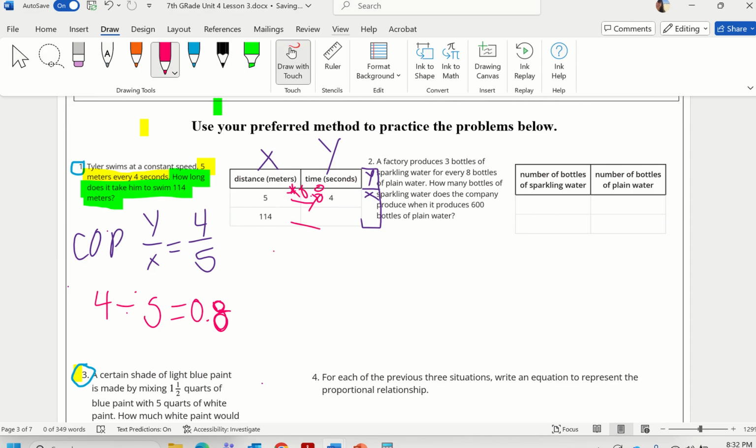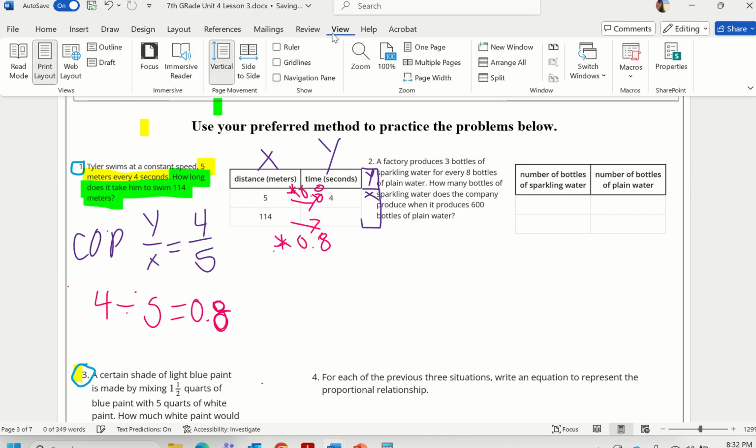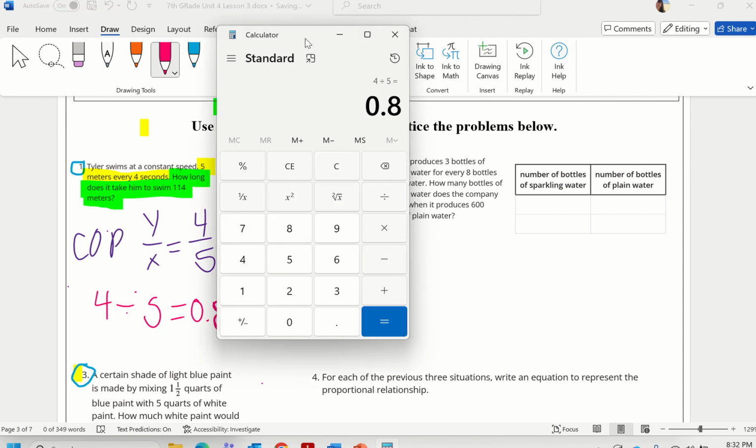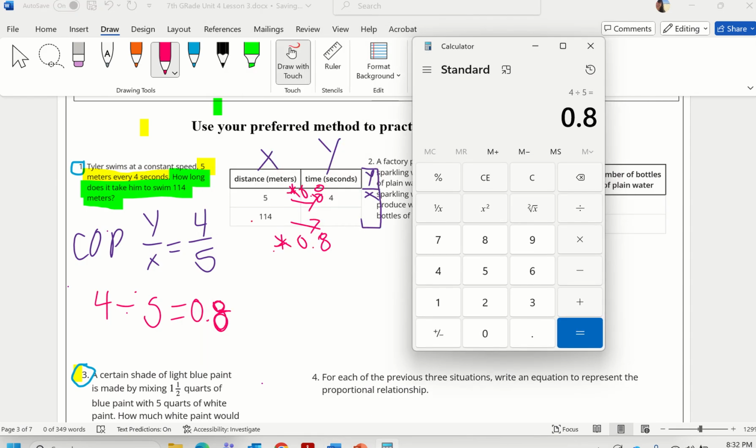So to find my answer, or to find how long it would take Tyler to swim 114 meters, I do 114 times 0.8. Again, we have to follow that arrow and use our calculator. So in my calculator, I'm going to start with the 114 that I have.